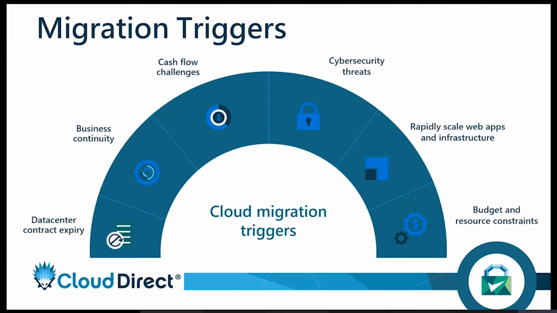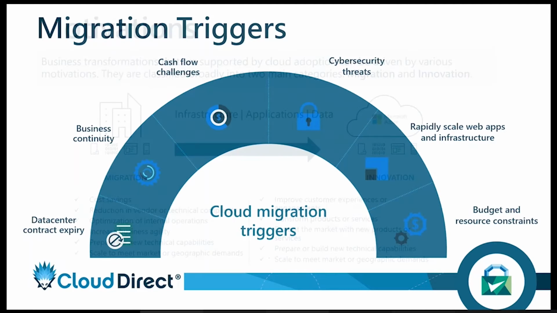So those are just some of the migration triggers, but the key thing as part of the CAF framework is that these are things you need to consider as part of your planning stage and your actual strategy. What are the elements that are going to impact your strategy?